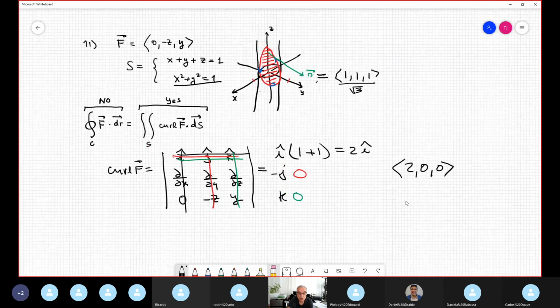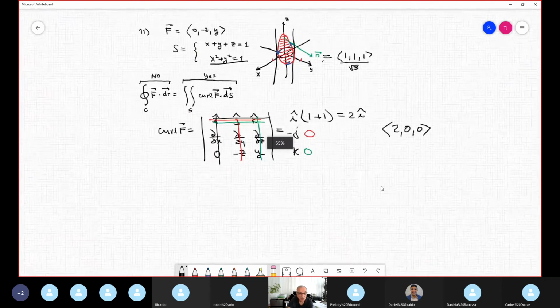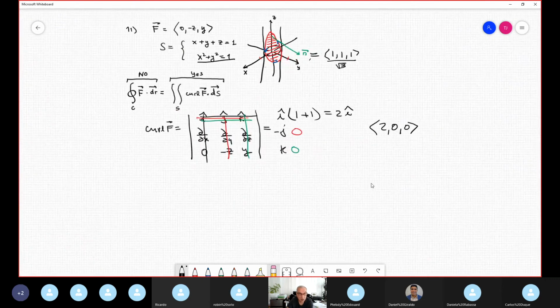Entonces, when you try to set up the double integral, in which you simplify the surface integral into a double integral, well, I have no idea what the region is. Entonces, I try to do it in the easy way.